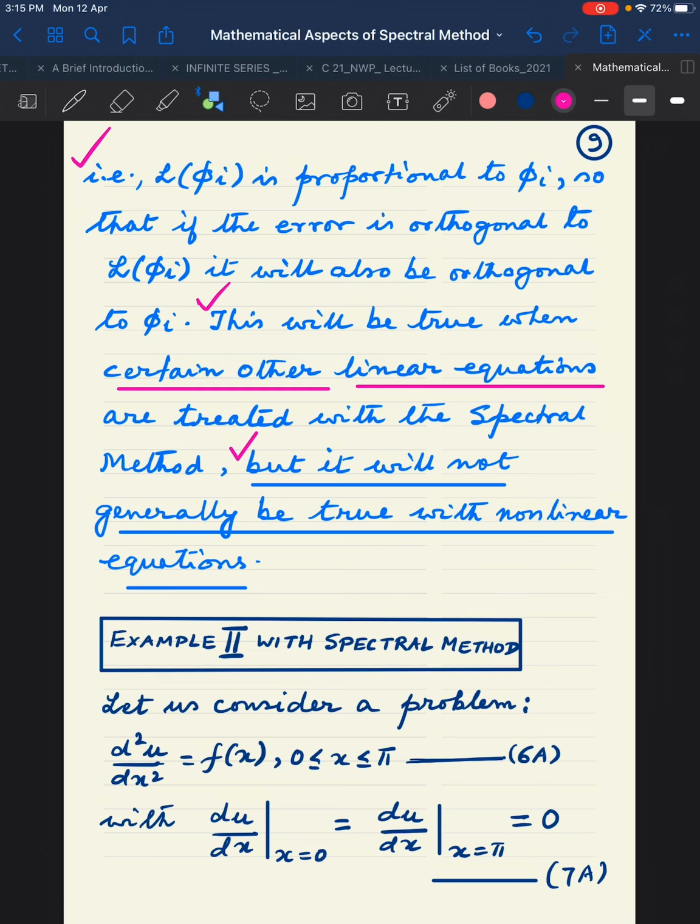That is out of scope in this text. But you should know that the method we have just discussed will serve our purpose for certain other linear equations, but usually not for nonlinear equations.